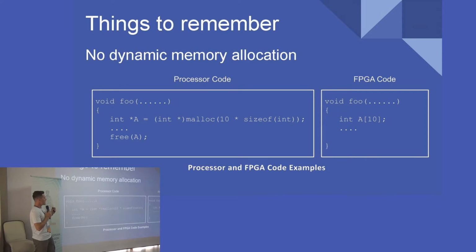This is because HLS doesn't know how much memory you are going to allocate, and that's why it cannot synthesize a particular design in hardware to contain, for instance, a dynamic buffer. Obviously, it needs you to change your algorithms to contain only static memory.